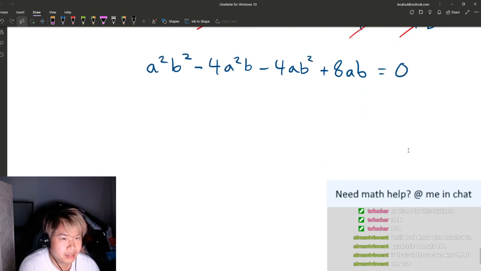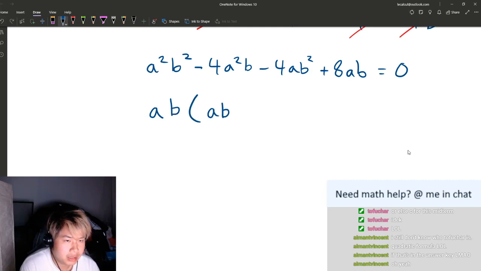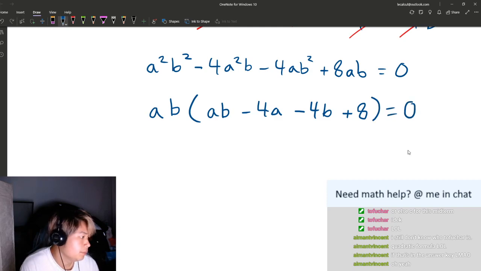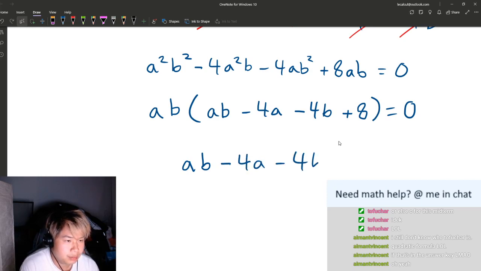These all have a common factor of A and B. So AB, so this becomes AB times (AB minus 4A minus 4B plus 8). I think we're here. Okay, so if this needs to equal 0, that means this factor needs to equal 0. AB minus 4A minus 4B plus 8 needs to equal 0.